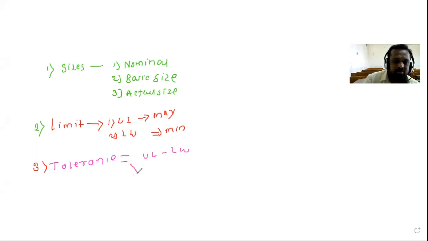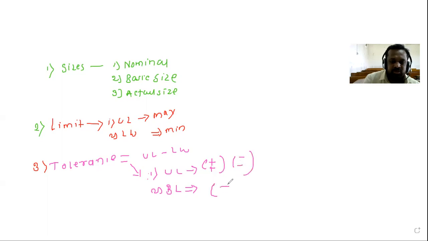There are two types of tolerance: unilateral and bilateral. Unilateral means the tolerance is shown on only one side of basic size. When we show the tolerance on both sides, we show the plus side and negative side from the basic size.